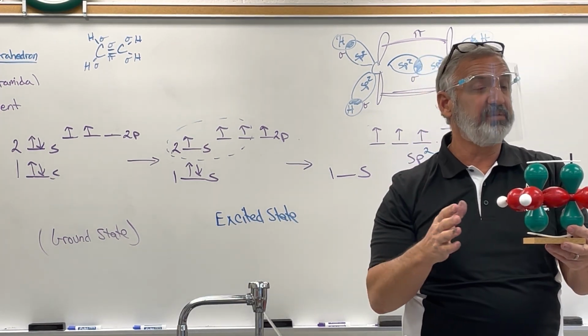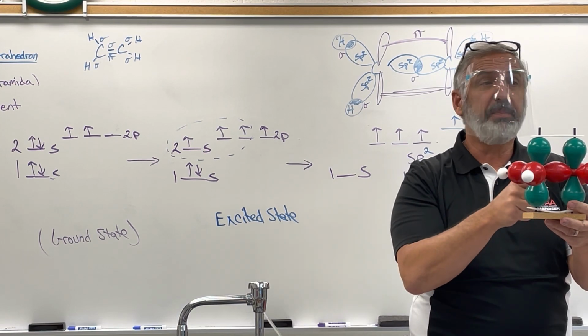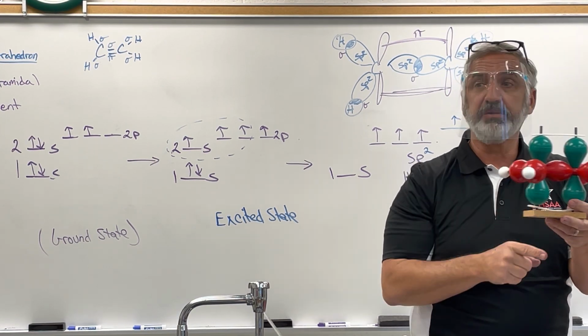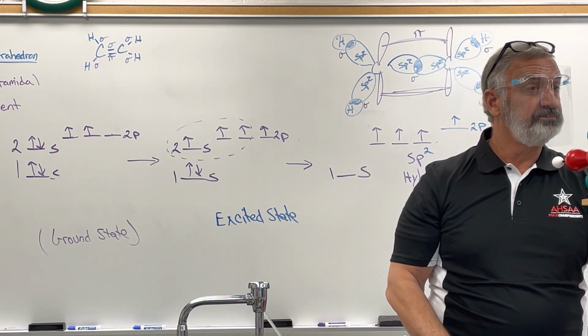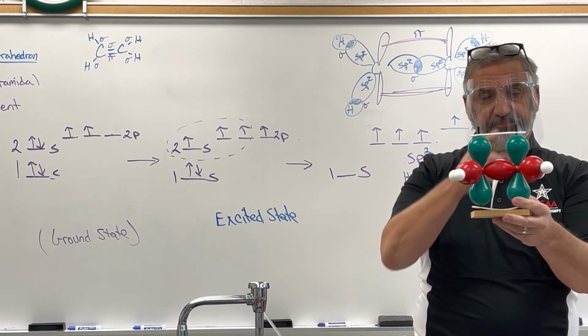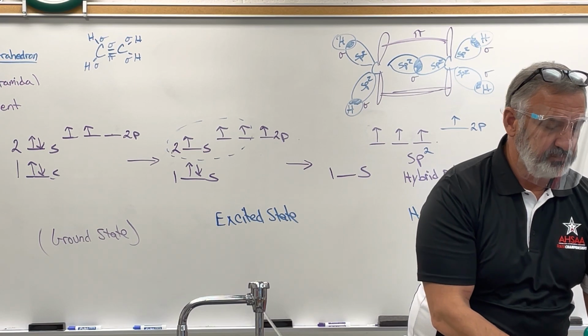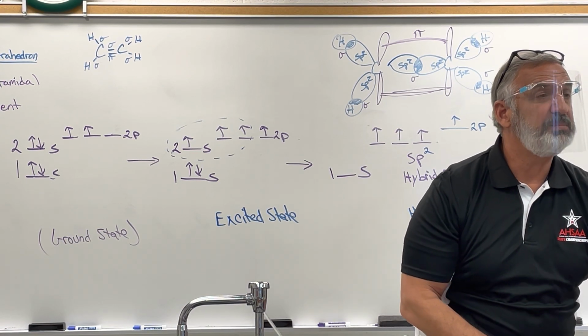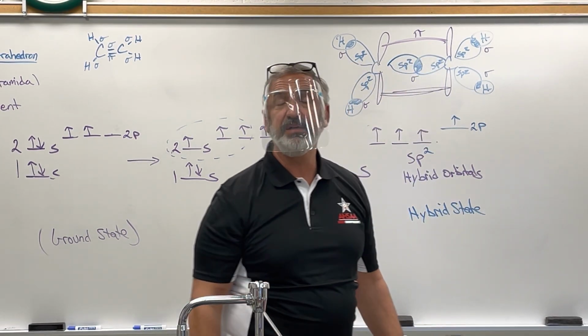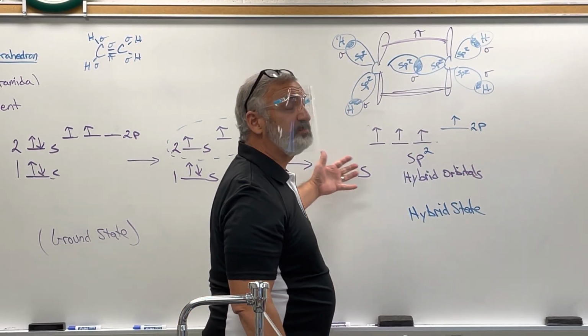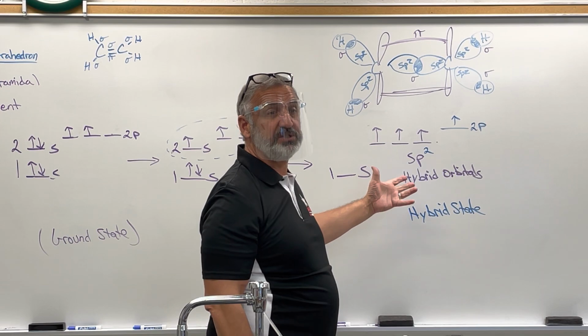Get as far apart from each other as possible. The green are your pi bonds, perpendicular to the plane. But only p orbitals can form pi bonds. So as a result, we have sp2 hybridization. Anytime you have a double bond, you cannot have sp3. It's either going to be sp2 or the next one.